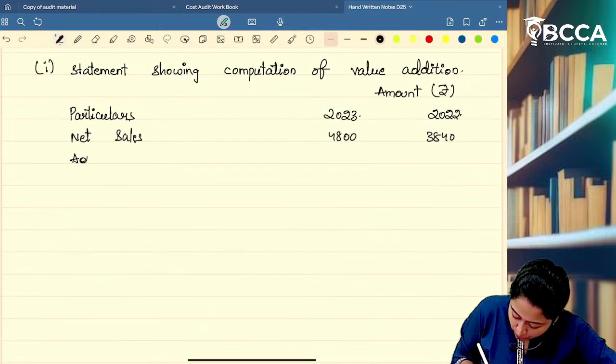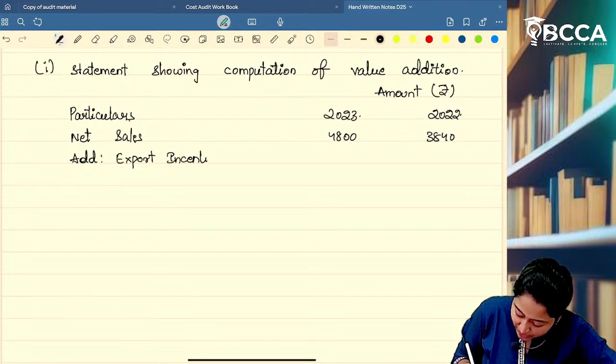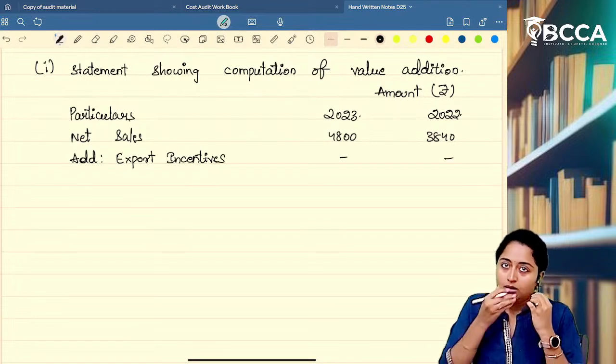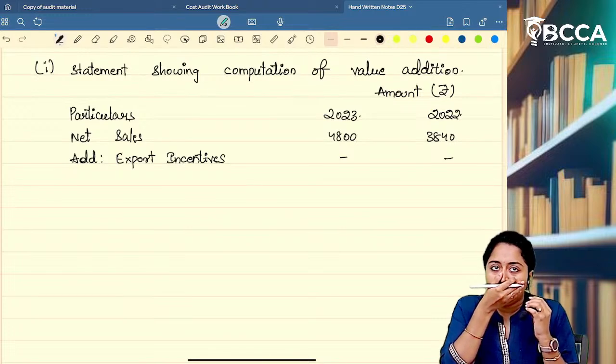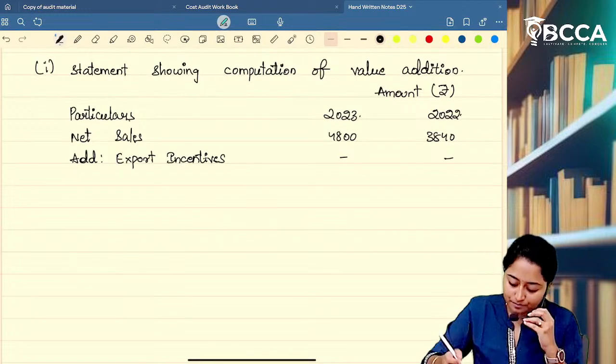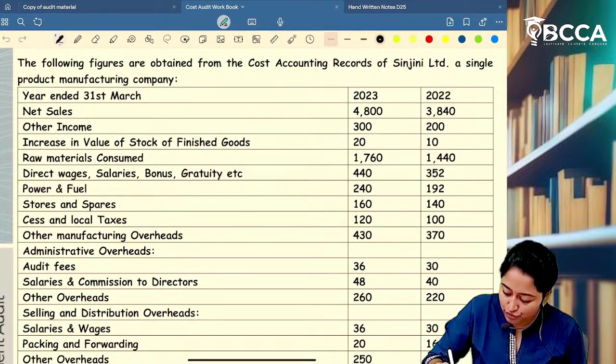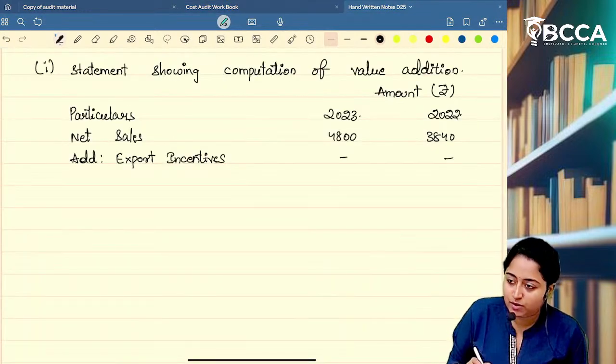Then we'll add export incentives. Export incentives is not given in this particular question, so we'll leave it blank. Okay. Now then, increase in value of stock of finished goods. Do we add this or reduce it?